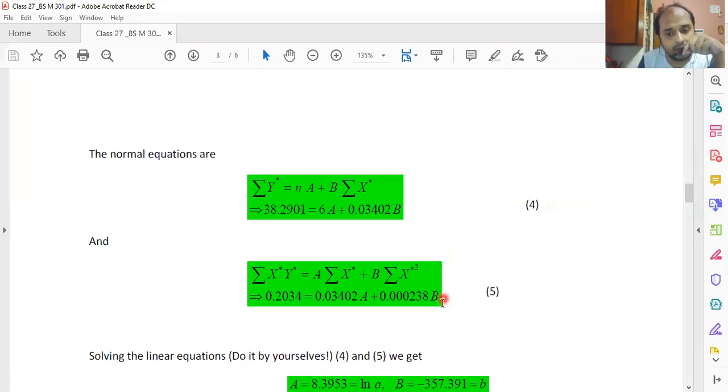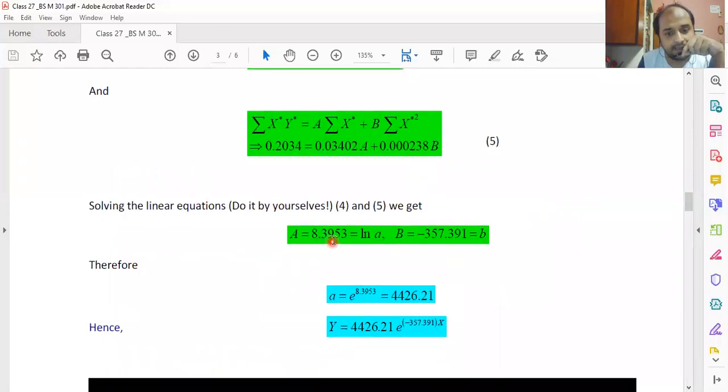Solving them, we get capital A as 8.3953 and b as minus 357.391. According to our choice, capital B was equal to small b, so we have got the parameter small b.